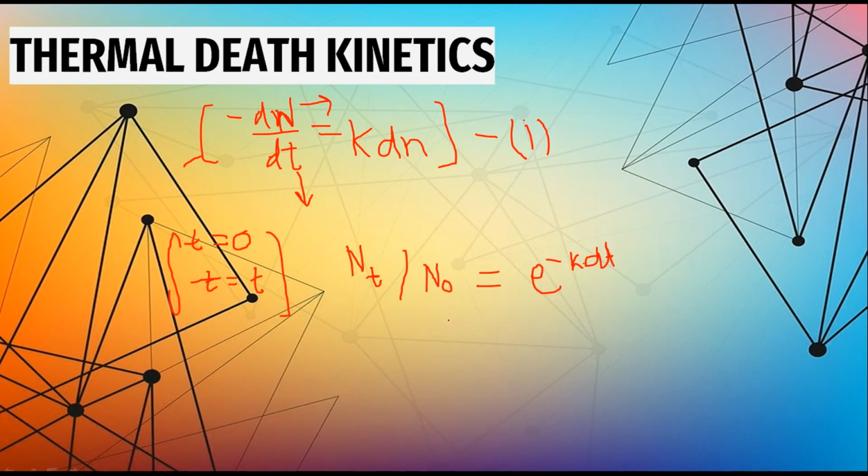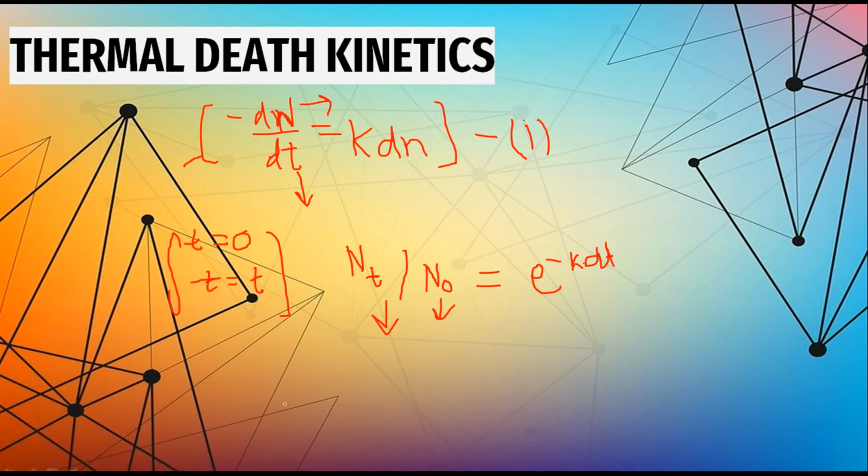So what is happening? N naught is the number of organisms present at the start, and Nt is the number of viable organisms after treatment. So before treatment and after treatment, correct? N naught is at the start, initial. This one is initial, this one is final.